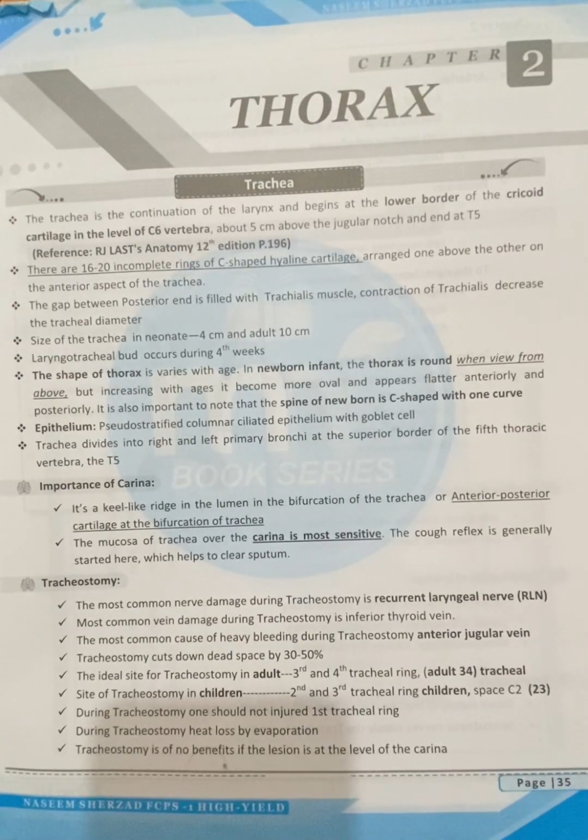But if they give you a clue of heavy bleeding, the inferior thyroid is not a reason for heavy bleeding, that should be the anterior jugular vein. If they ask for the most common vein damage, the answer is inferior thyroid. But if they ask about heavy bleeding, then your answer should be the anterior jugular vein. So you know these wordings carry a difference.